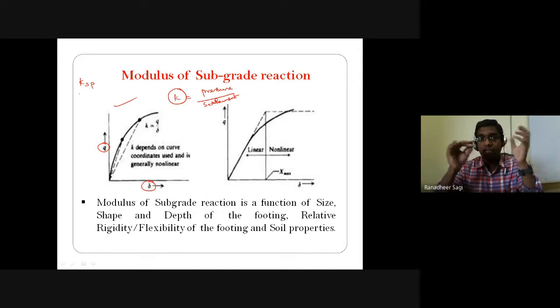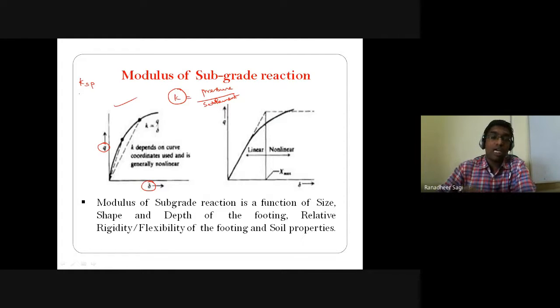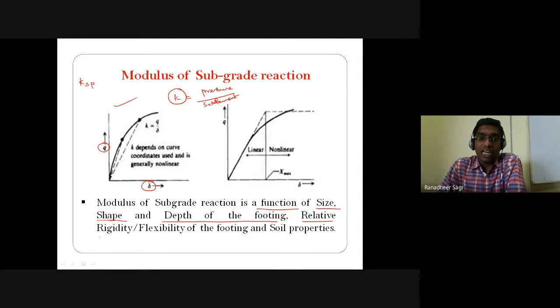So what are the factors on which the modulus of subgrade reaction depends? The modulus of subgrade reaction is generally said to be a function of the size of the footing, shape of the footing, depth of the footing, and it also depends on the relative rigidity or flexibility of the footing, and obviously it also depends on the properties of the soil.